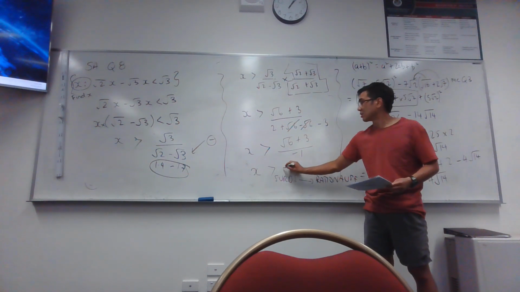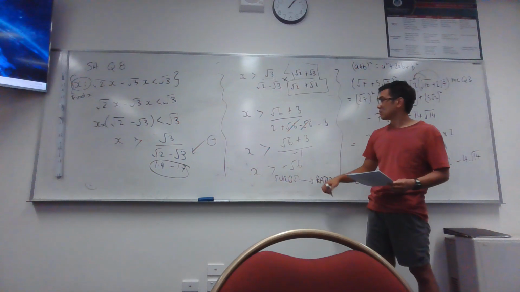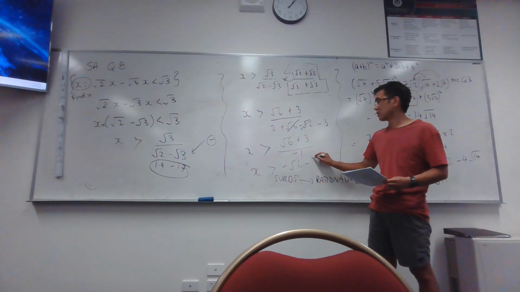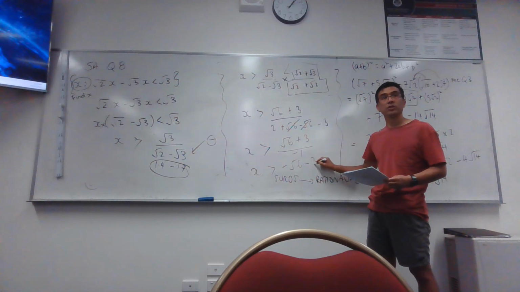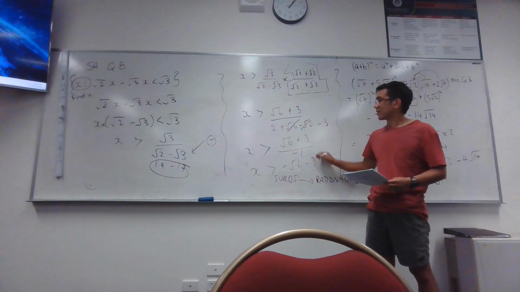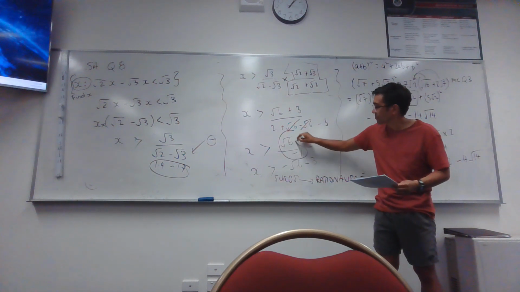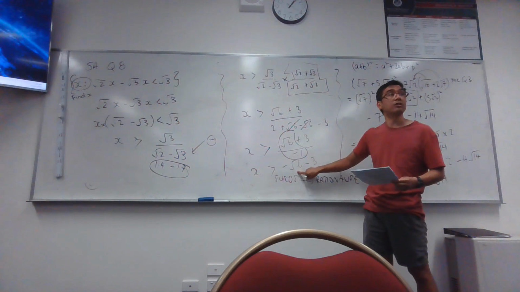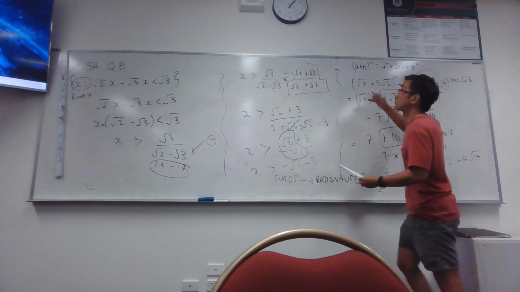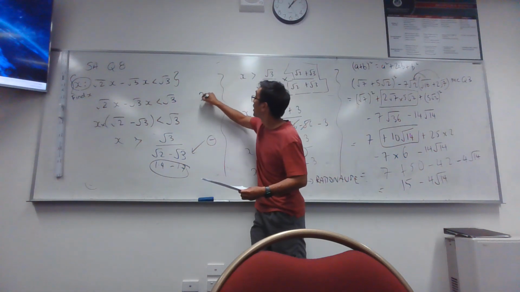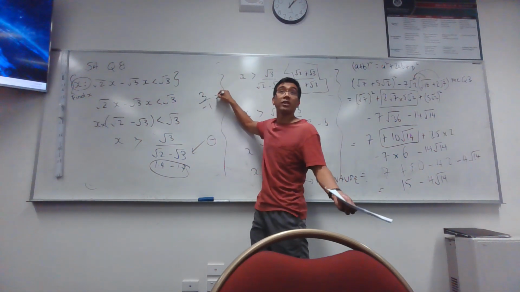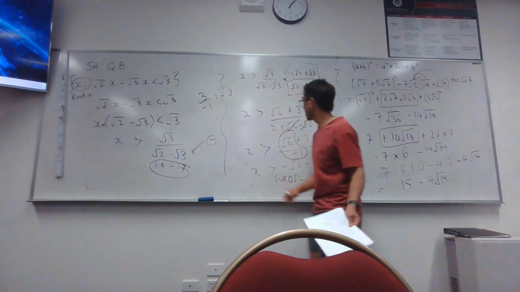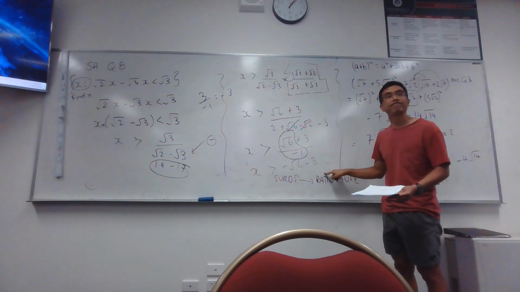Root 6 is a negative root 6. 3 is a negative 3. What's root 6 divided by negative 1? Negative root 6. Just like this. It's over 1. 3 divided by negative 1 is negative 3. Same way. That makes sense.